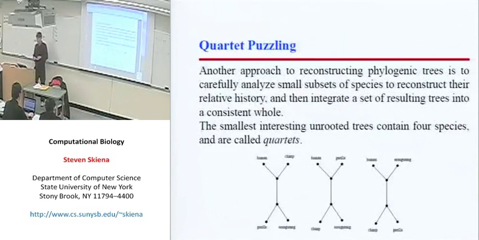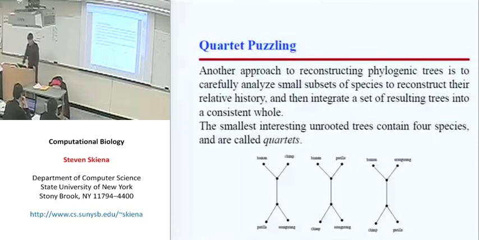So what other approaches might we use to try to reconstruct evolutionary trees? We sort of agree we can start with distance data, or we can start from feature data. Another technique that is kind of interesting is something called quartet puzzling.